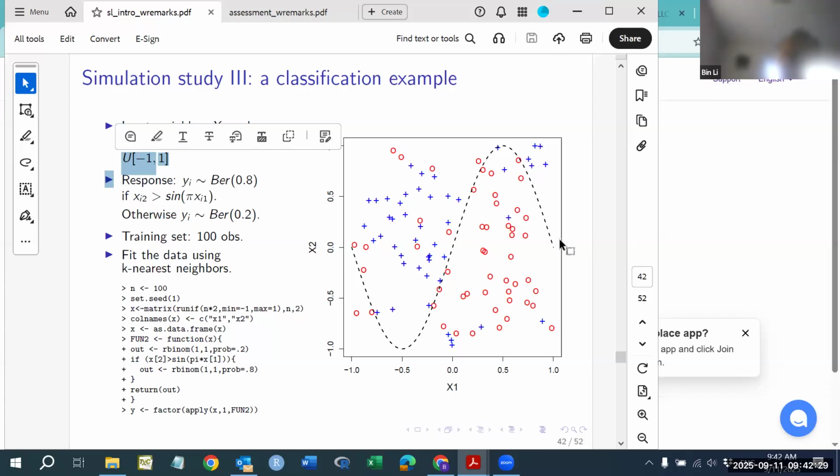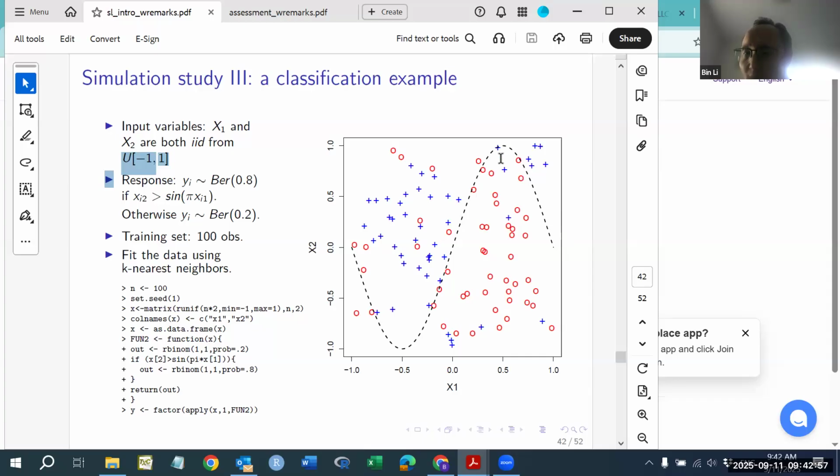In other words, we have two classes, the blue cross and the red circle. The chance of having the blue cross above the sign function is 0.8, and the chance of having the red circle above the sign function is 0.2.